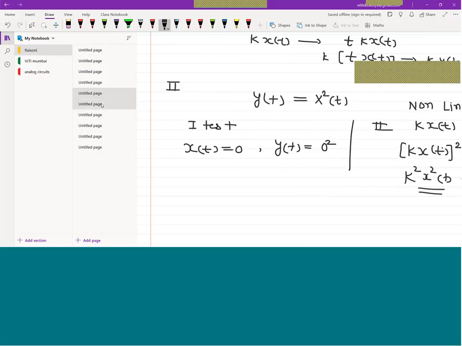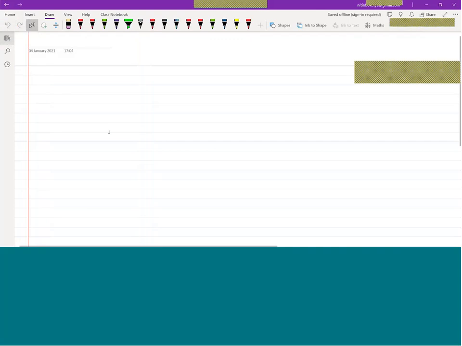तो और आगे चलते हैं. I have one example. y of t equal to x of t square.